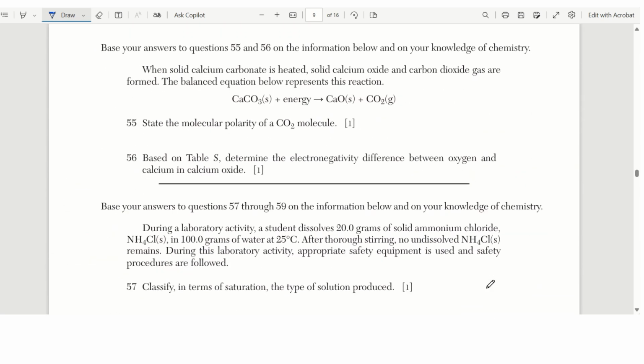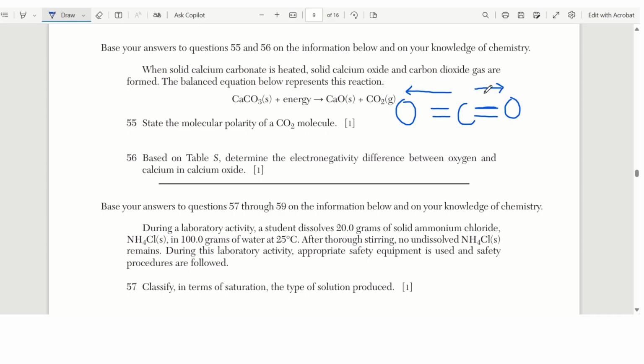Okay, 55. State the polarity of a CO2 molecule. This is one of those molecules you just have to know what it looks like. Looks like this. That's the Lewis dot structure. This is a polar bond, but this pulls this way, and then this pulls this way because oxygen has the higher electronegativity.